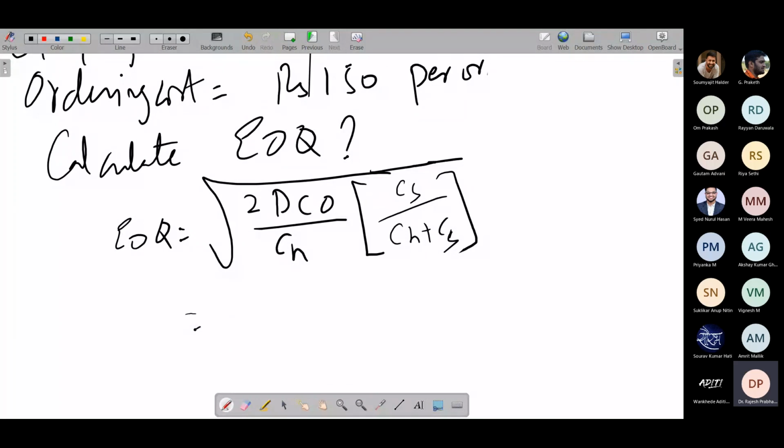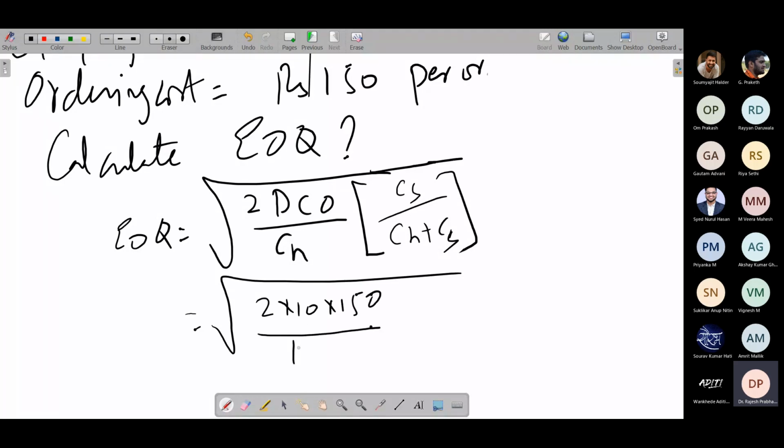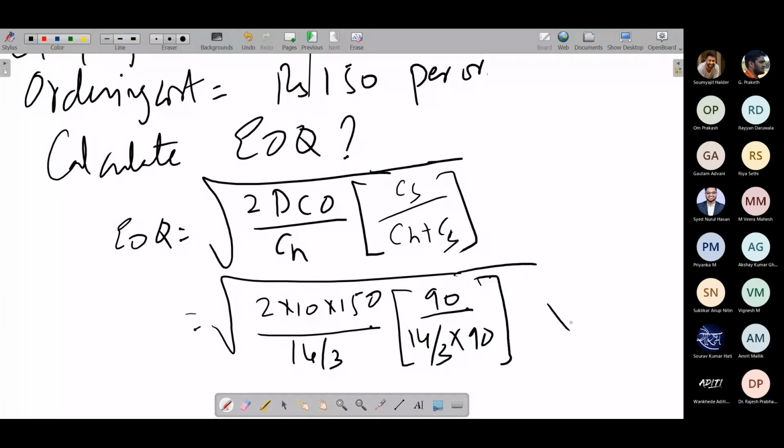So this should be root of 2 into 10 into 150, divided by 14 by 3, into 90 divided by 14 by 3 into 90. This is per day, into 30.